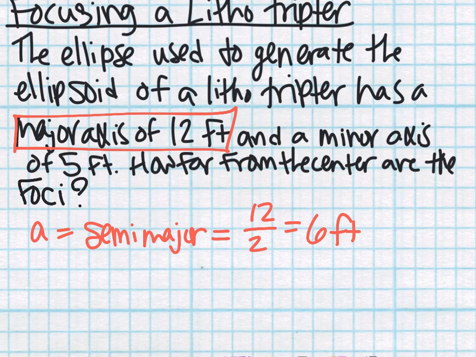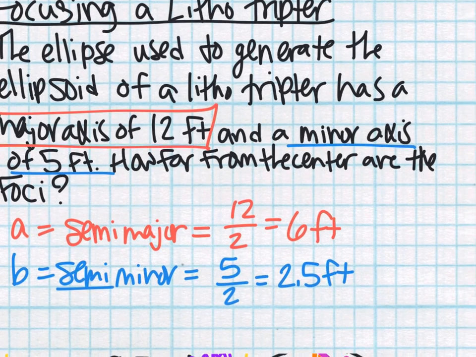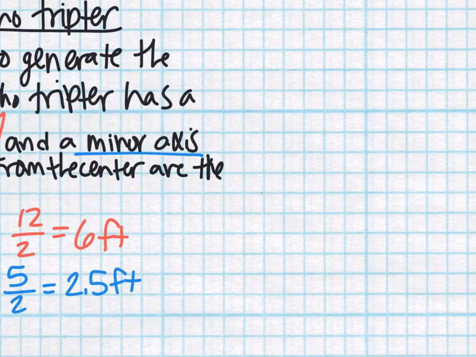And our semi-minor axis is b, which is half of the minor axis because semi means half. So 5 divided by 2 is 2.5 feet. And then we can use our Pythagorean relation to calculate the length of c, which is the distance from the center to the foci.